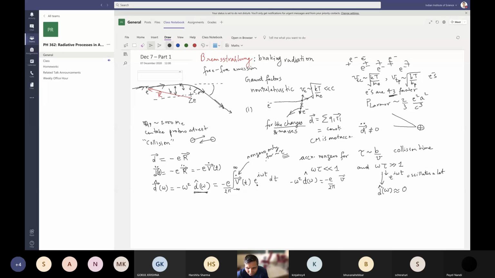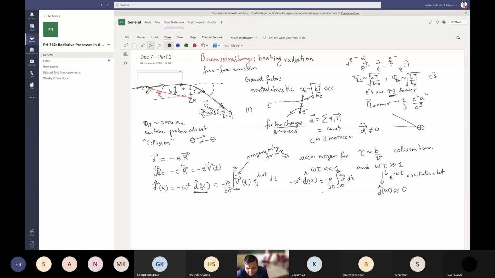This is nothing but the integral of v dot dt, which is the change in velocity: the final velocity minus the initial velocity, delta v.